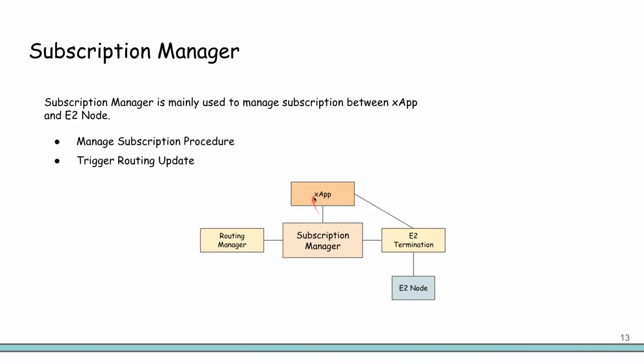If the xApp wants to communicate with this E2 node, it also needs to create a routing path for the communication between the xApp and the E2 node. So the subscription manager may trigger the routing table update.